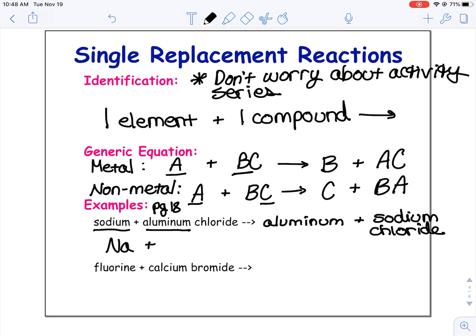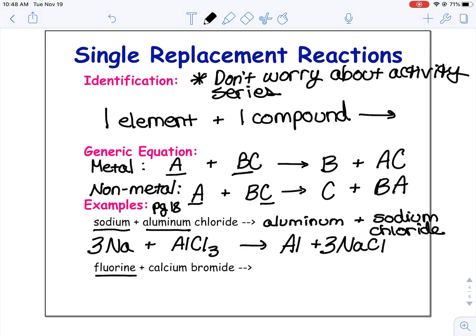Sodium is Na. Aluminum chloride has a formula of AlCl3, because aluminum has a positive 3 charge, and chloride ion has a -1 charge. And then over here you've got aluminum by itself and sodium bonded to the chlorine. Sodium has a +1 charge, chlorine has a -1 charge, so you only need one of each. And then you've got to go back and balance the overall equation.